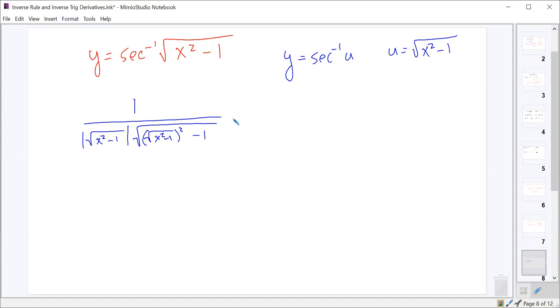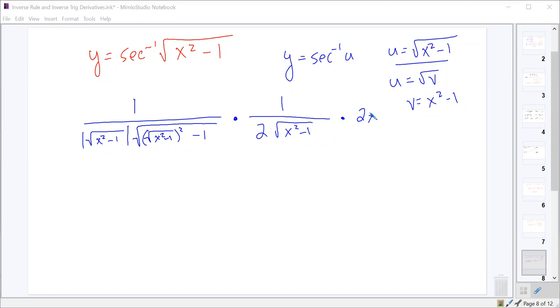And then we have to multiply that by the derivative of u, where u equals root v, with v equal to x squared minus 1. So that ought to be 1 over 2 root v, and then times the derivative of v. So chain rule within the chain rule. Good or no? Everybody good with getting to there?